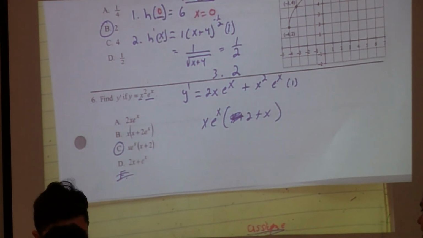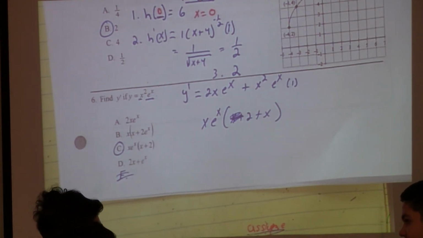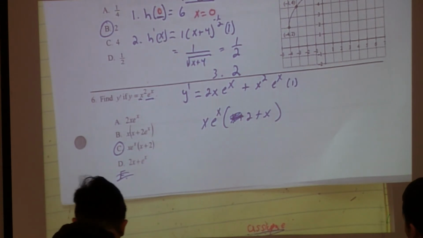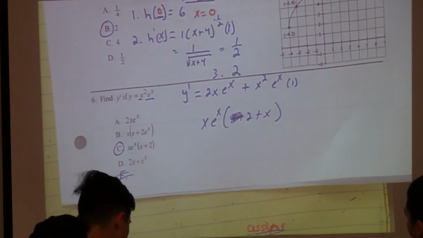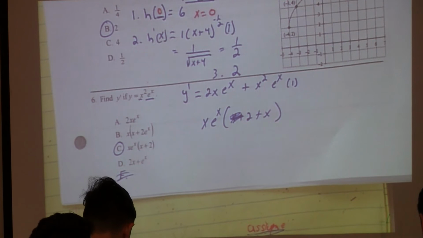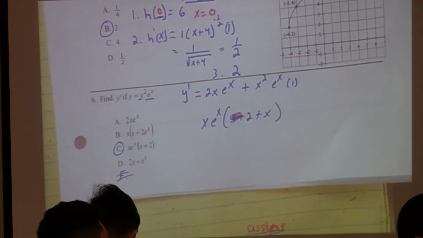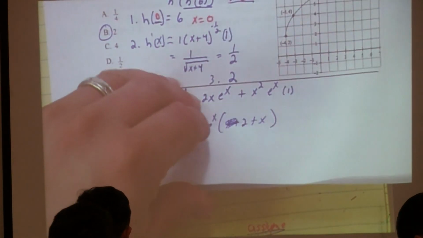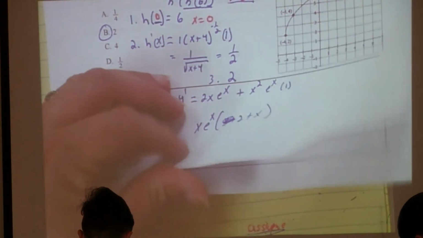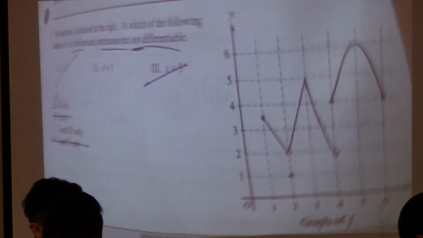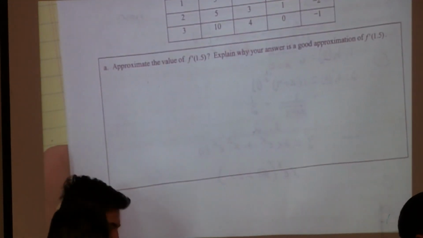Alright, so now we're down to the last couple of minutes here in class. We need to decide which of the 2 free responses we want to do because we don't have time to do both. Let's go with the first one, the one on this page, the one after 7.